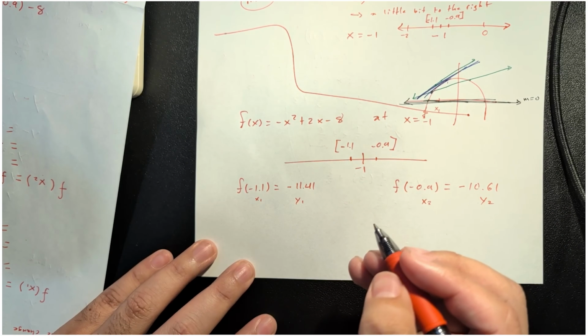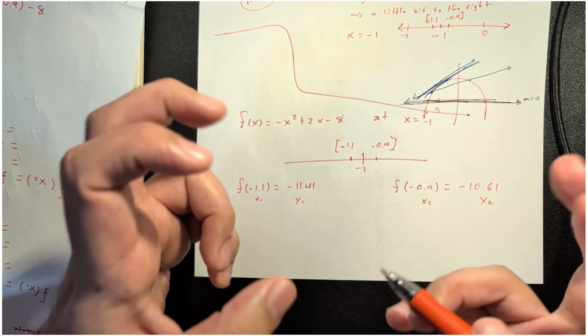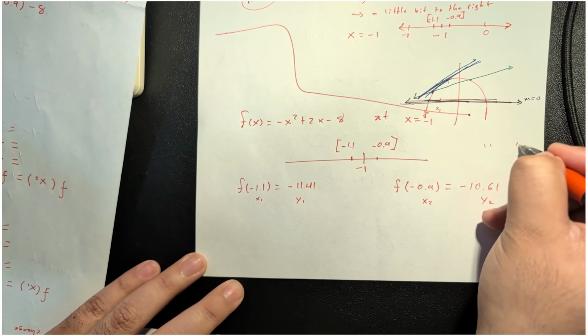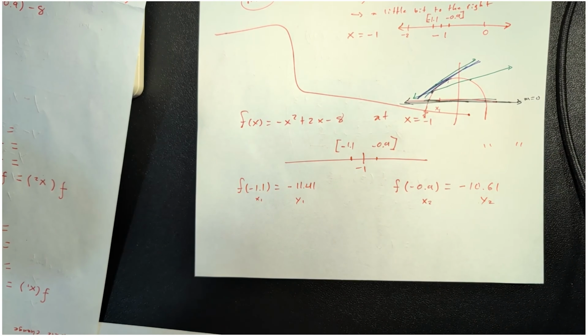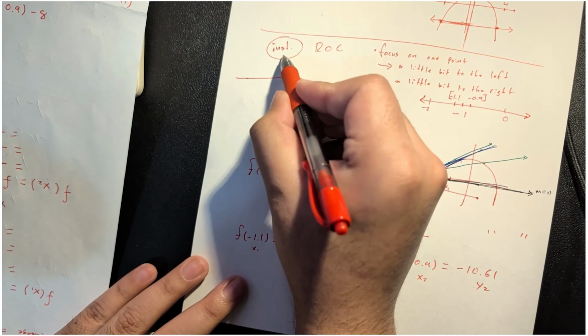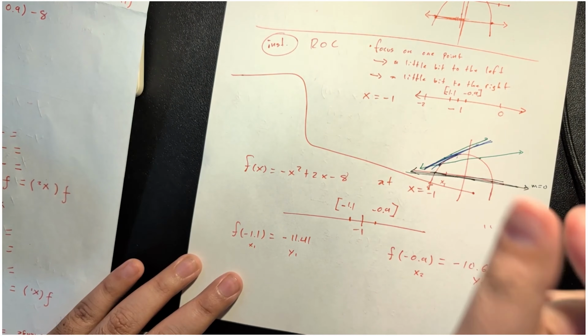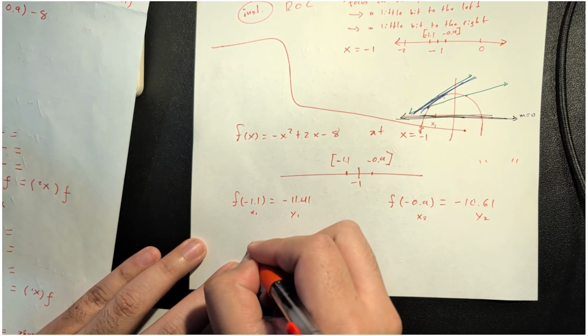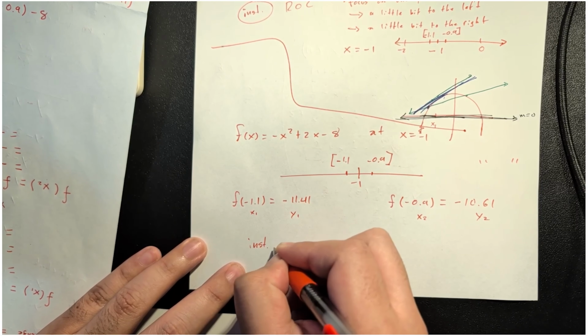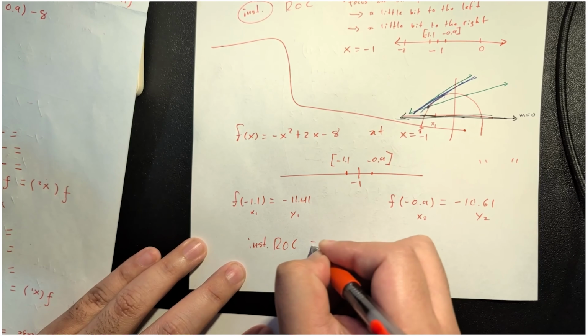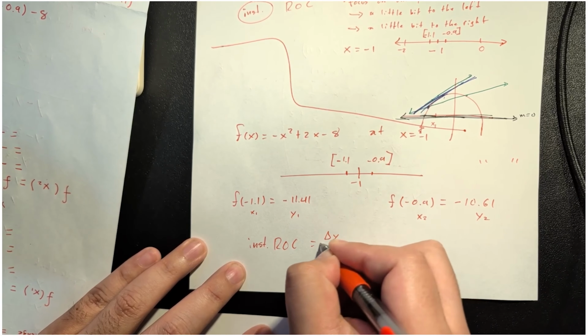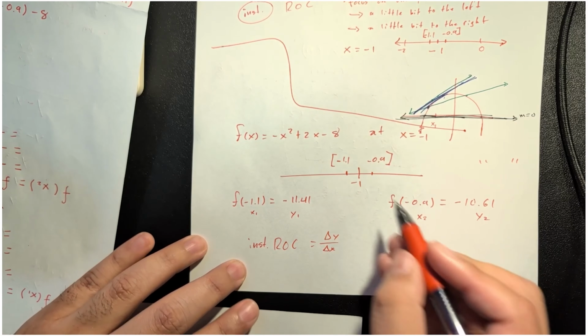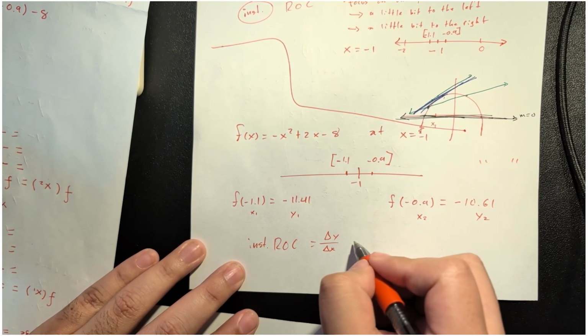My instantaneous rate of change, in quotations, because this is still an average rate of change, but over a very small interval. So it is still an average rate of change, but for our purposes, it's enough to call it instantaneous because it is over a very tiny interval. Our instantaneous rate of change, again, is going to be delta y over delta x, but over this tiny interval.